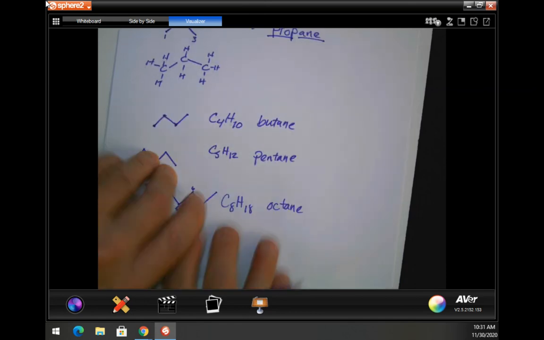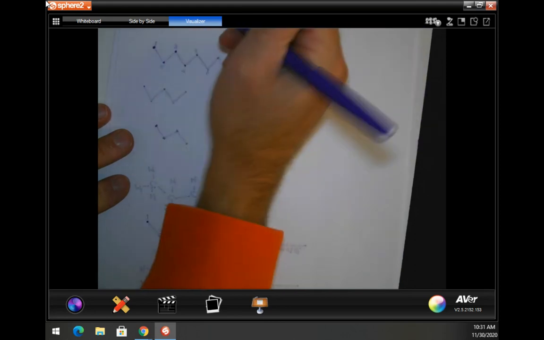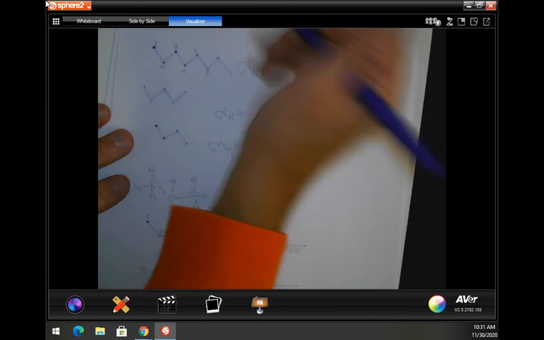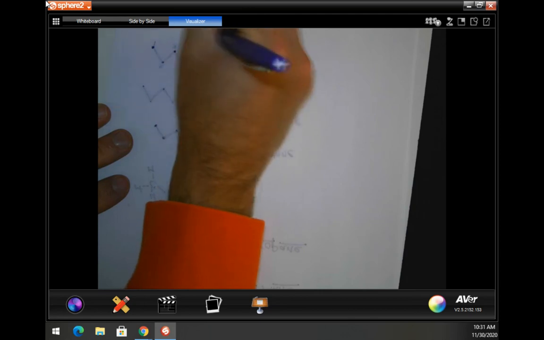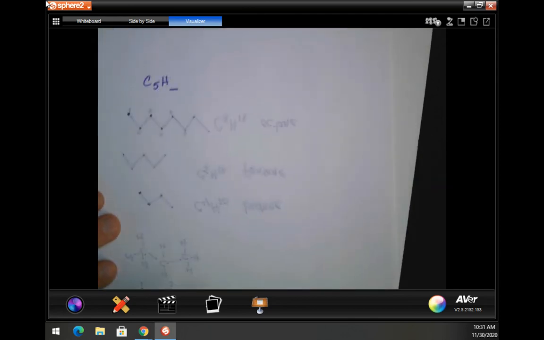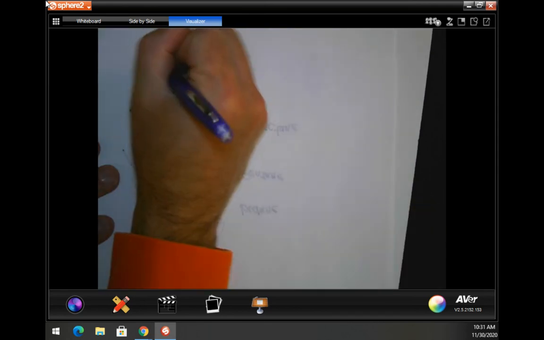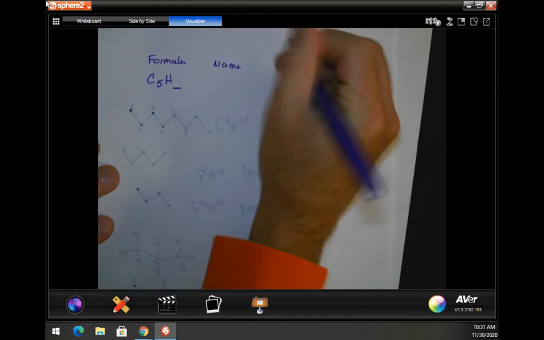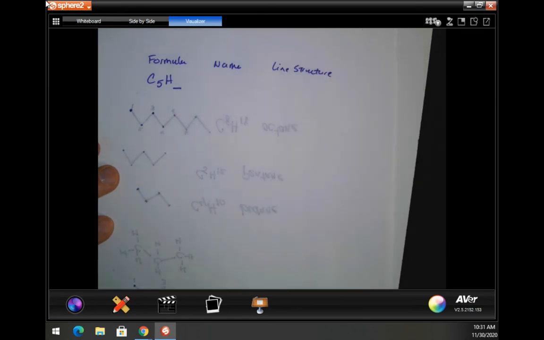I think the best thing for you to do is just practice a few. Whatever I give you, you give me the other 2, the name and the drawing. I'm going to leave that blank, so you actually have to figure out what the H's are. So this would be the formula, the name, and then the line structure. Draw it out. How about that?